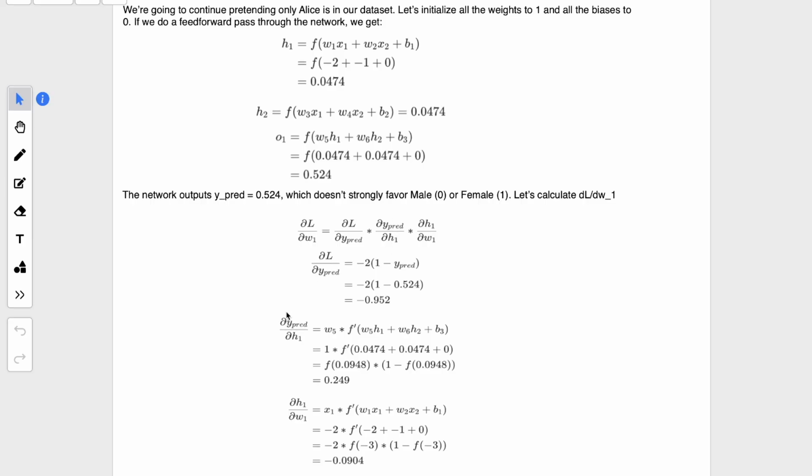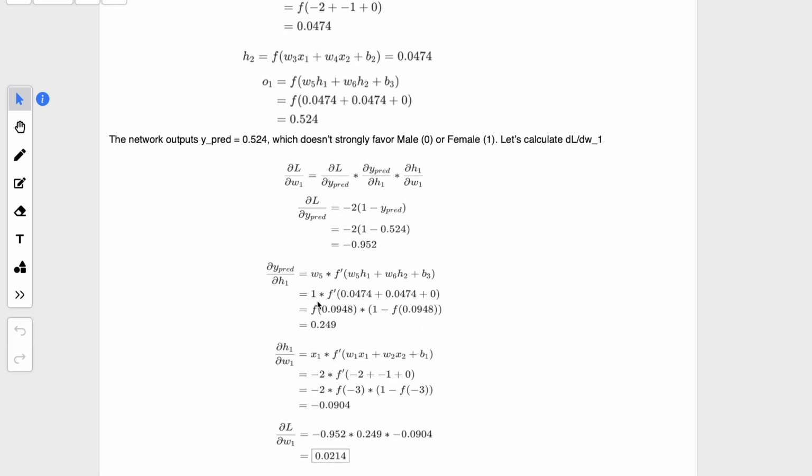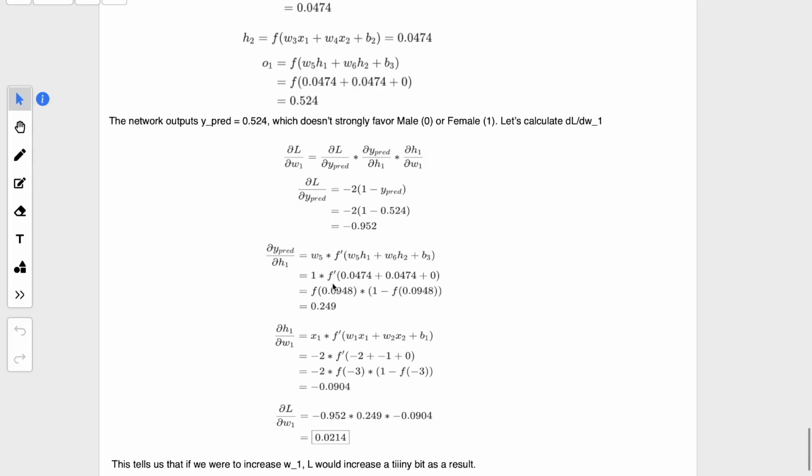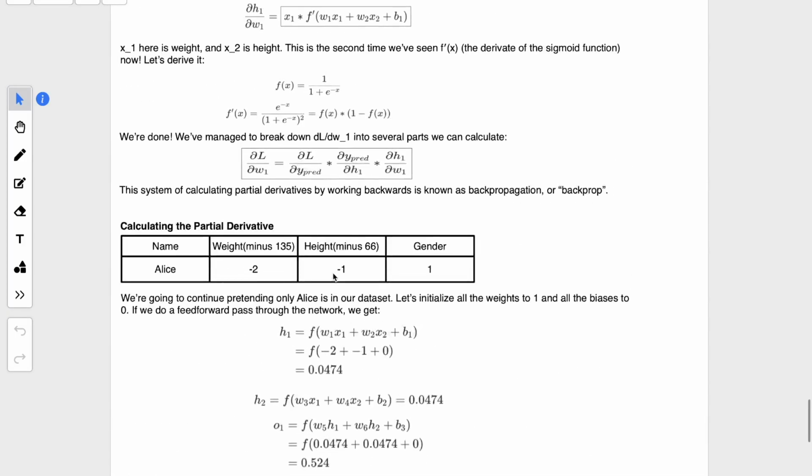We know delta y-pred by delta h1 is w5 into the derivative of the activation function of this. W5 is 1. We have this term ready, which is 0.0474 plus 0, passed to the same sigmoid function's derivative, and we know the derivative of the sigmoid function is f(x) into 1 minus f(x), as we calculated earlier.